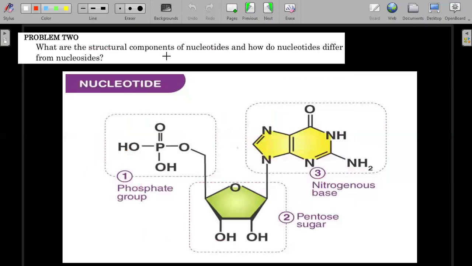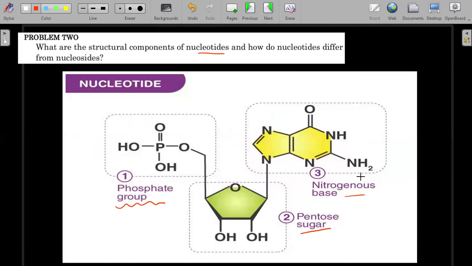Then number 2, they're asking what are the structural components of nucleotides and how do they differ from nucleosides. The structural components of nucleotides are: 1, the phosphate group that you can see here, 2, the pentose sugar, and 3, the nitrogenous base.